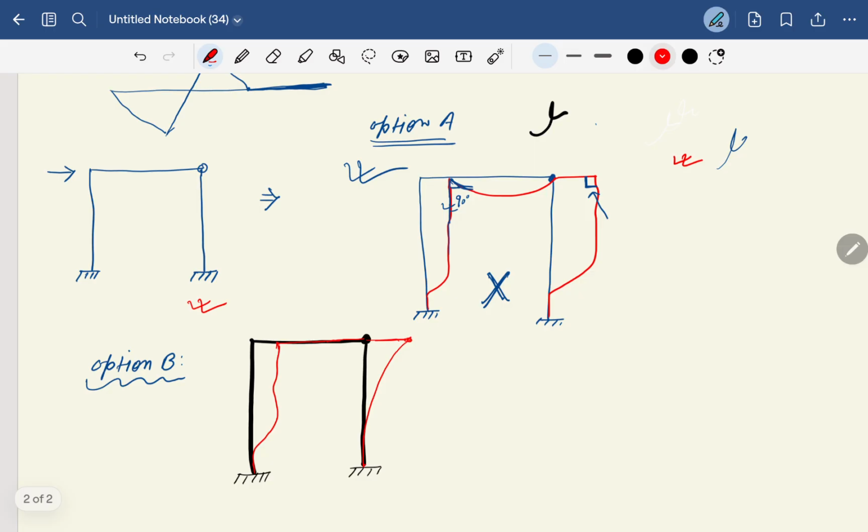So first we come to the golden rule. What does the first golden rule say? It says that the deflected shape will be 90 degrees at the rigid joint.